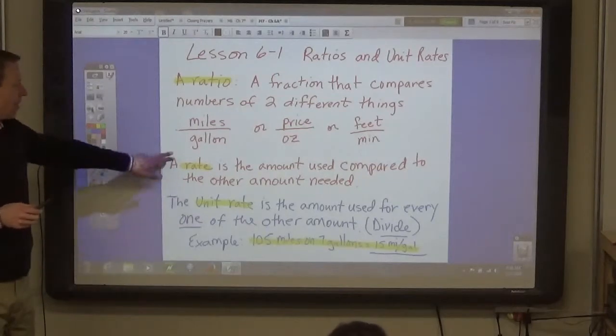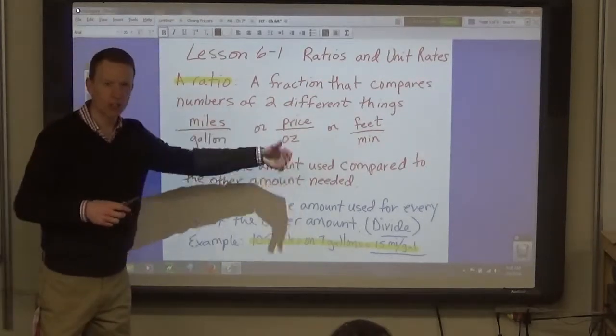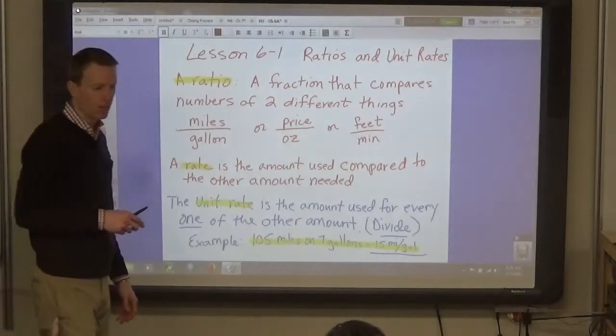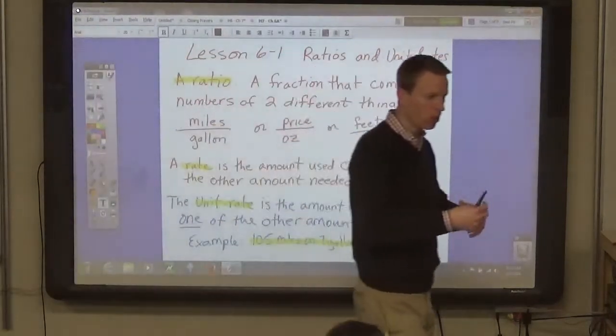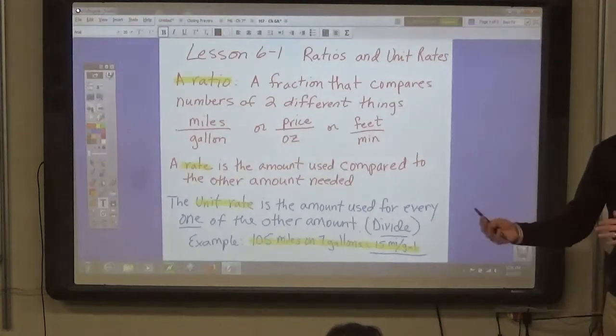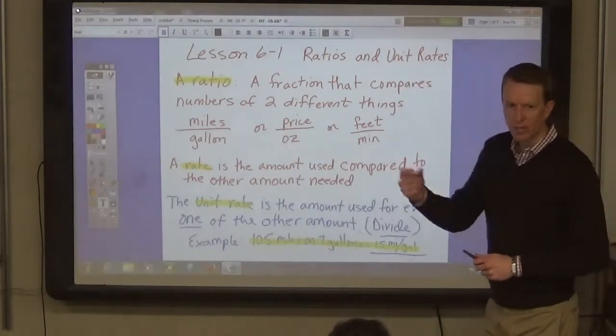All right, listen. The rate is the amount compared to another amount. Alright? The rate is how many per one other thing. So, the number of words per minute, the number of miles per hour. The rate that something is happening is the amount that is happening per unit of time.